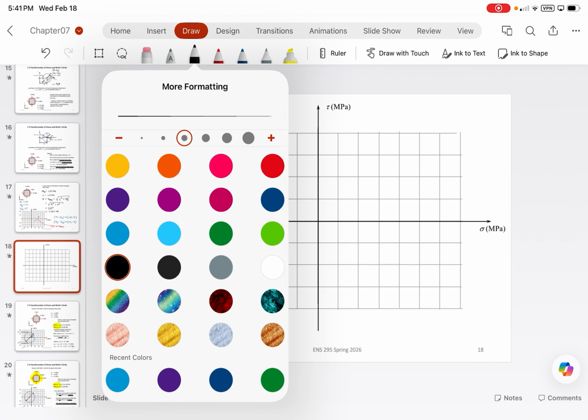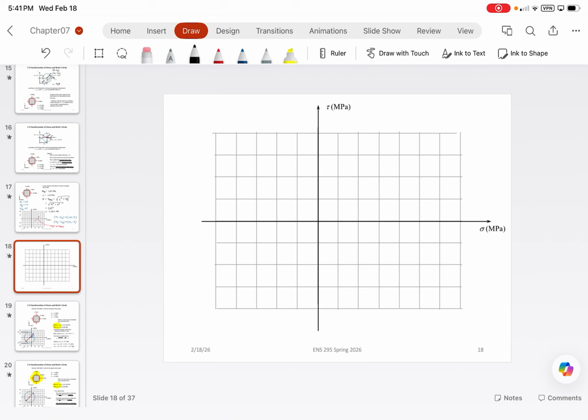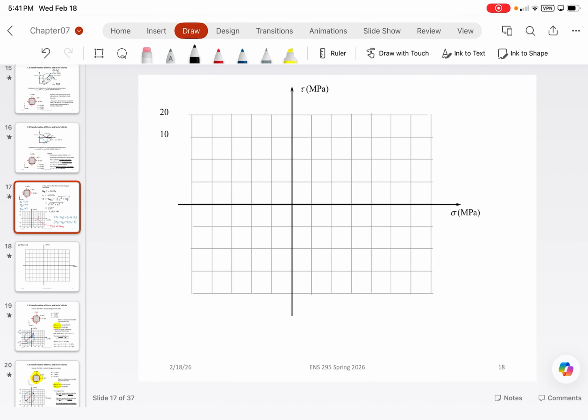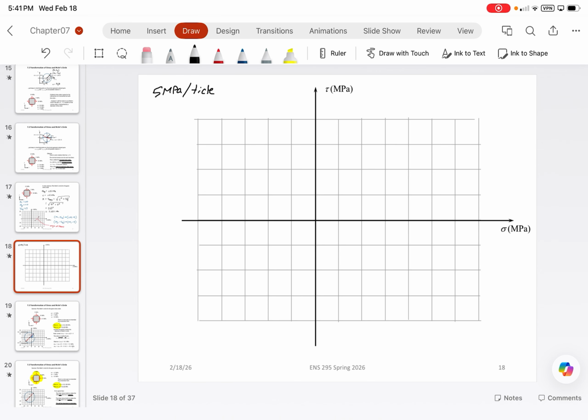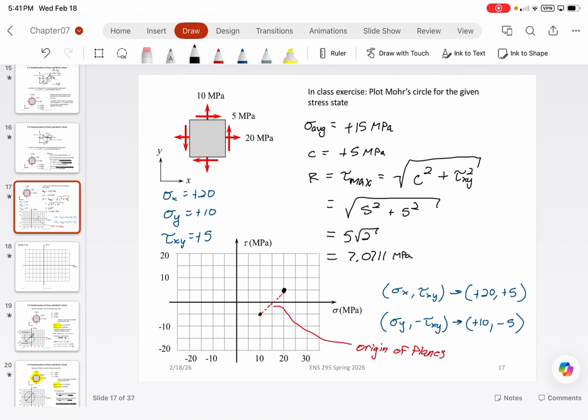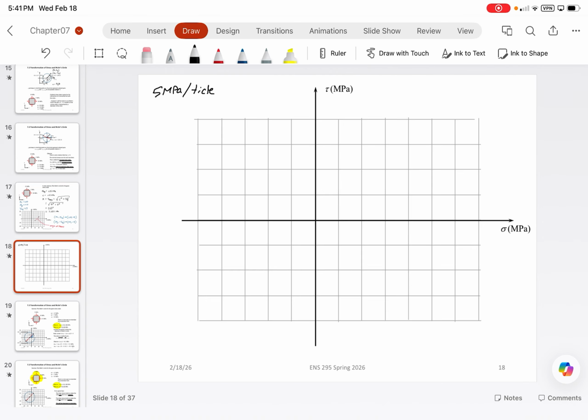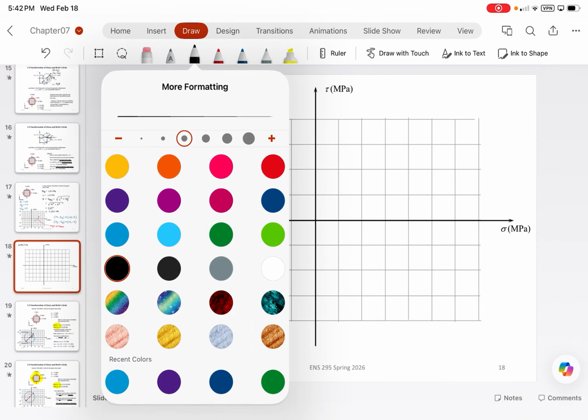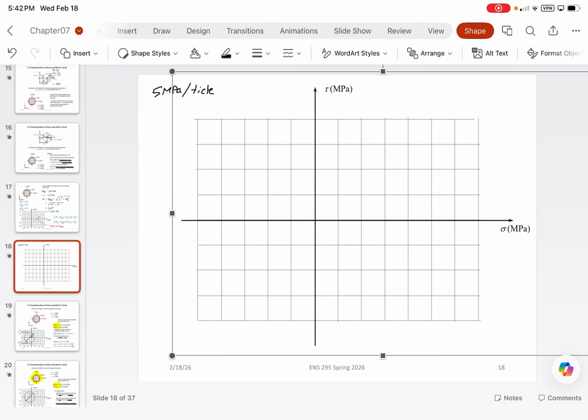And each and every single one of these blocks is just going to be 5 megapascals per tick. So that's the scale. All right. So we said 5, 10, because we're dealing with 20. So 5, 10, 15, 20. And then 5 was here.